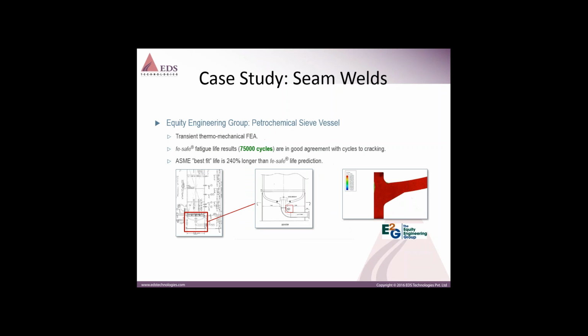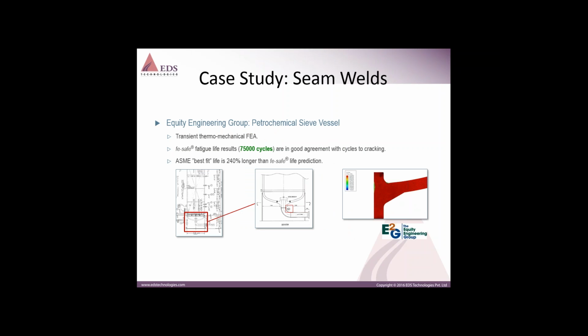This example I want to show comes from Equity Engineers Group, and they were looking at a weld in a petrochemical sieve vessel. As input data, they used a transient thermomechanical finite element analysis, and their aim was to predict the fatigue life as it occurs exactly in the field.